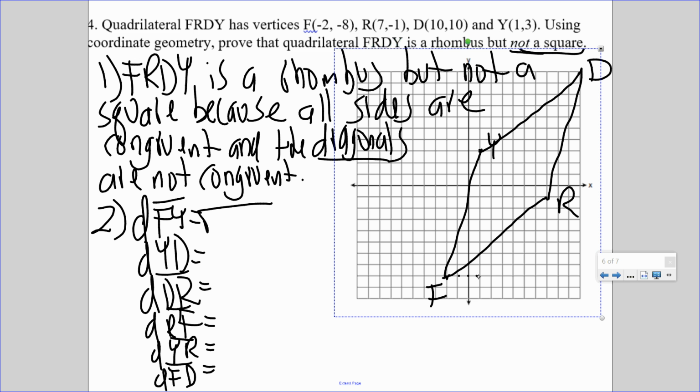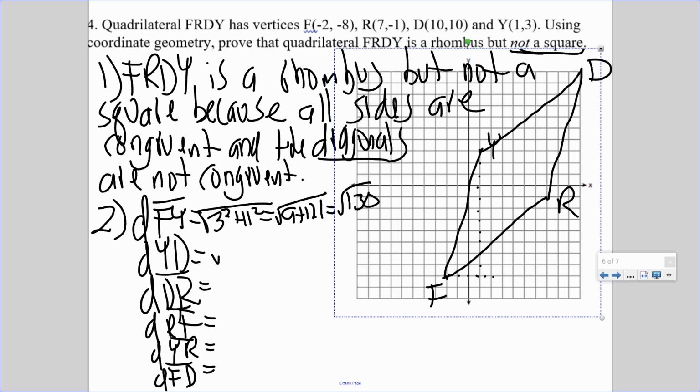For FY, the changes are 3 and 11. That's 9 plus 121. You can calculate it if you need to.